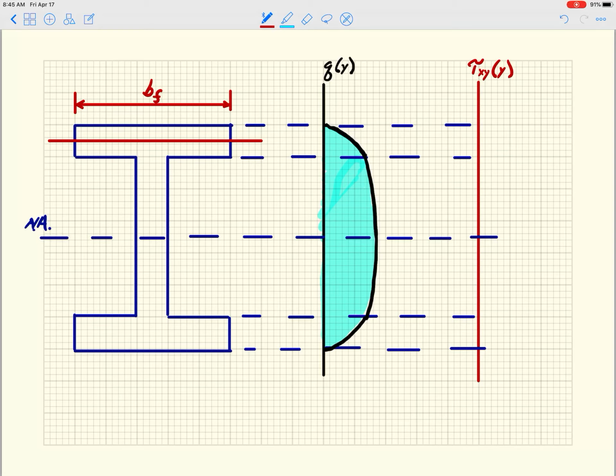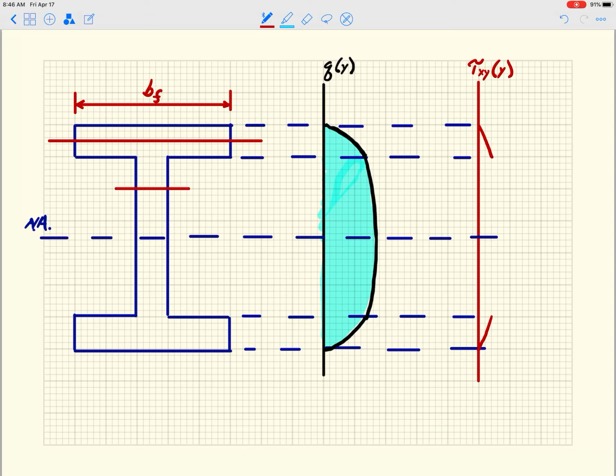And you can see it's going to get divided by a very large B sub F. And so here it's going to look something like this. All of a sudden, it has shrunk significantly. And the same thing is going to apply down here, because it's a symmetric cross-section.